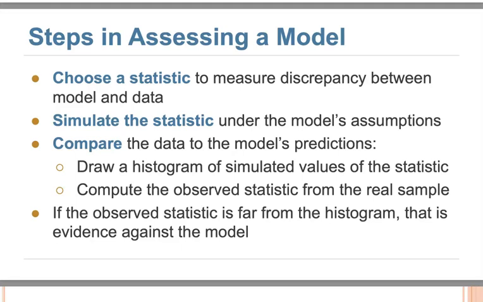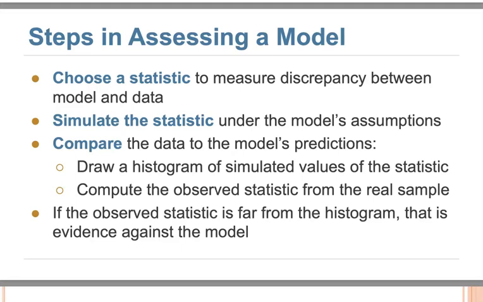A model is built on assumptions. So we need to assess the model to see whether it is a good explanation or fits the real-world situation we are looking at. So how do we assess a model? Here are the steps. The first one, we choose a statistic to measure the discrepancy between the model and the data.